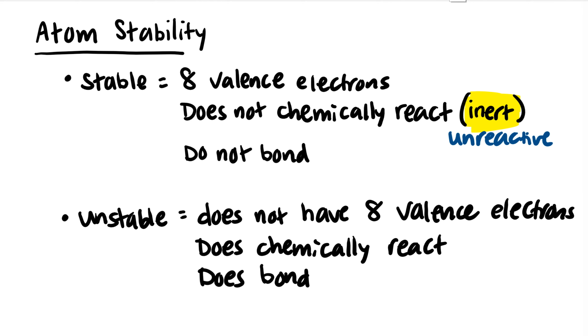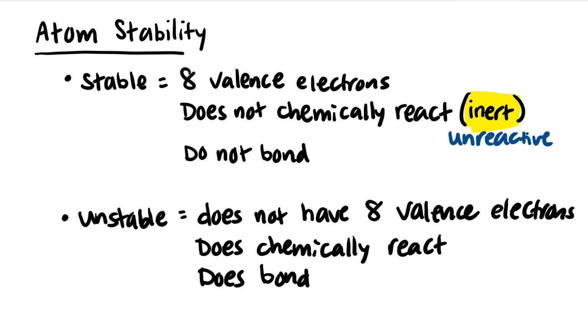There's one big exception to this general rule of 8, which we refer to as the octet rule, oct meaning 8. There are 2 atoms that can be stable with less than 8 valence electrons, and that's hydrogen and helium. Because they only have 1 occupied energy level, the maximum number of electrons that can fit in that first energy level is 2.